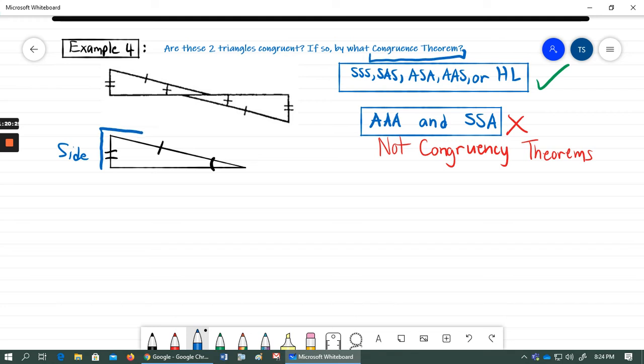So that's S. The next congruency mark that you get to is for an angle, right? So you get to a side, then you get to an angle.